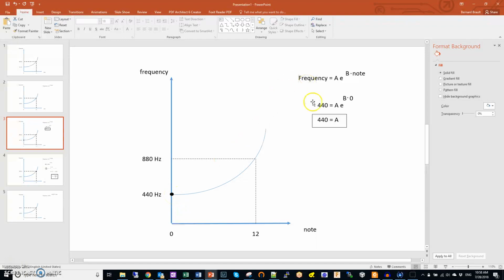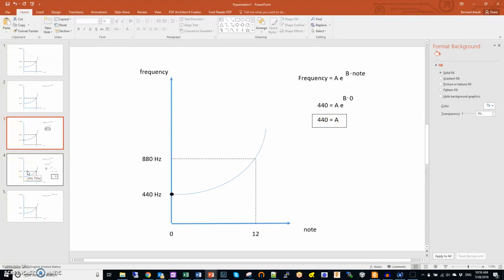We have frequency 440 Hz equals A e^(B times the note), and I'll call this note 0 because it's the beginning of the formula. So e^0 is 1, and immediately what falls out is that the constant A has got to be 440.